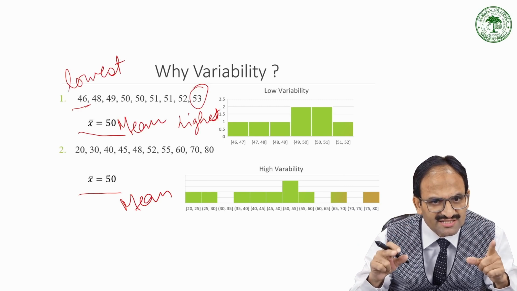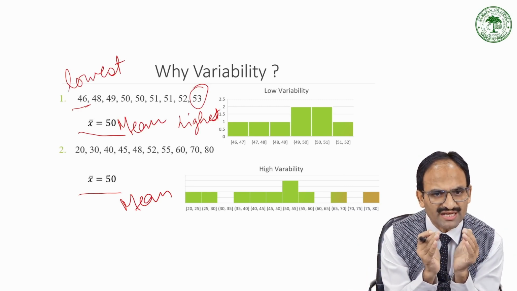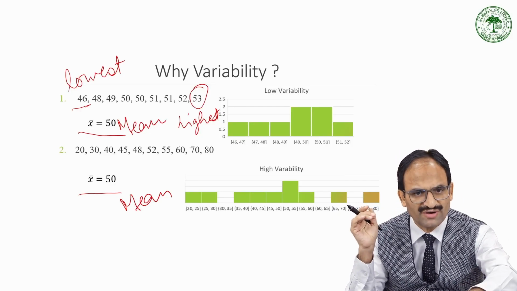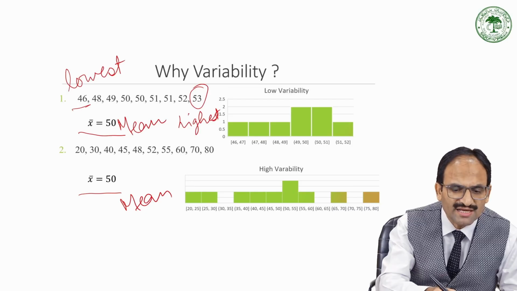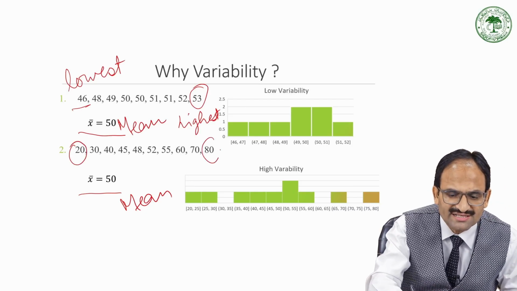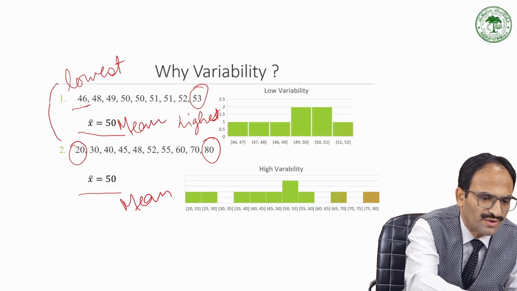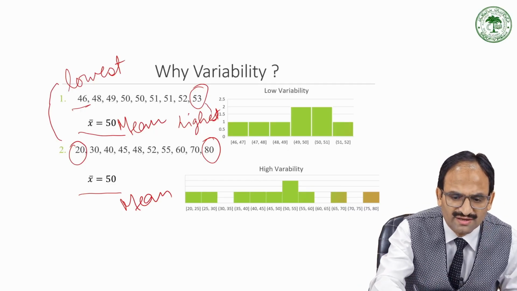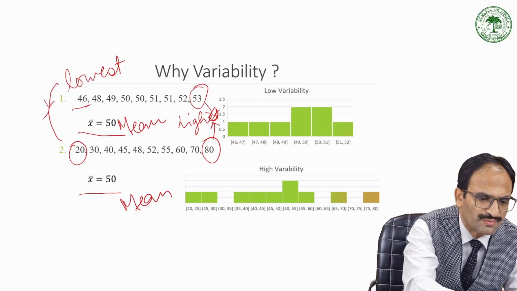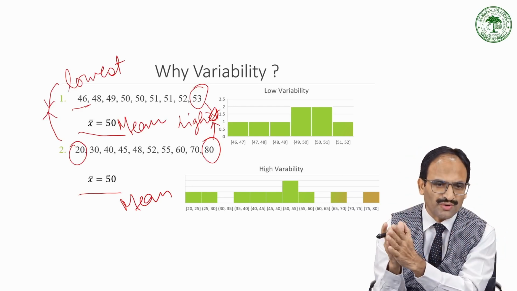In the first case, the difference between the highest and lowest score was very small: the lowest was 46 and the highest was 53. Whereas in the second case, the lowest score is 20 and the highest score is 80.